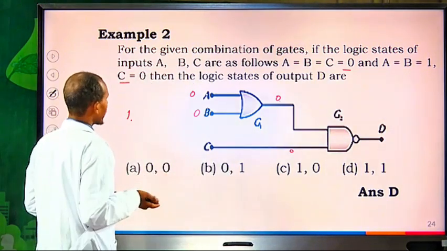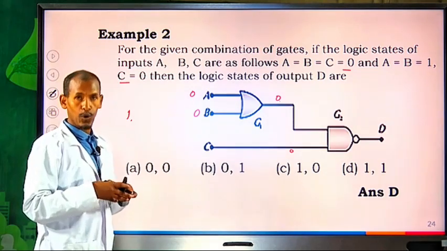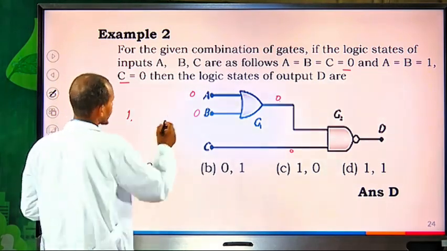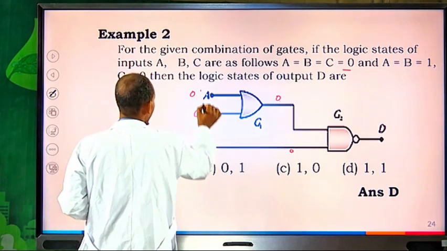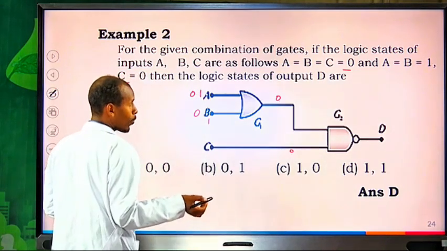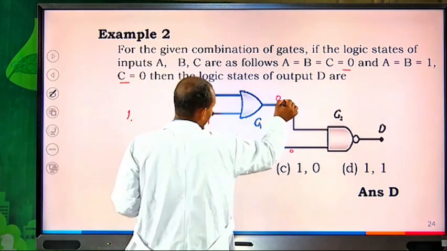Let's see the second case. A and B are both 1 and C is 0. So that means 1 OR 1 gives 1.